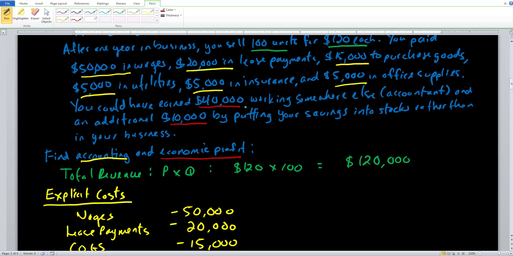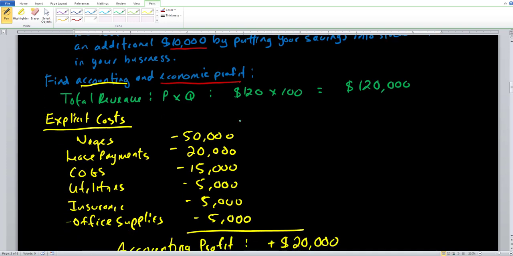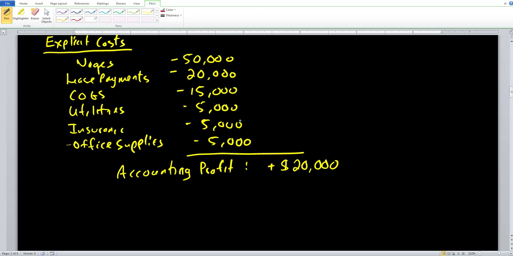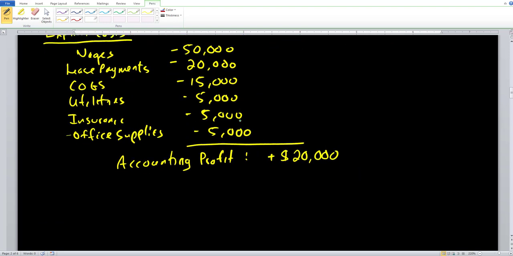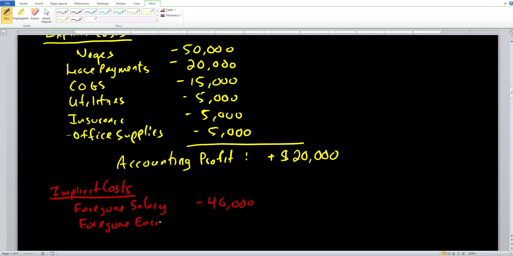So foregone wages, foregone earnings, these are all implicit costs, and we need to subtract this out in order to find your economic profit. So here, take a look at your implicit costs. And the implicit cost, we can go ahead and add those two new variables, your foregone salary, which is the minus 40K, which you could have earned by being an accountant, and then your foregone interest earnings of minus 10K.